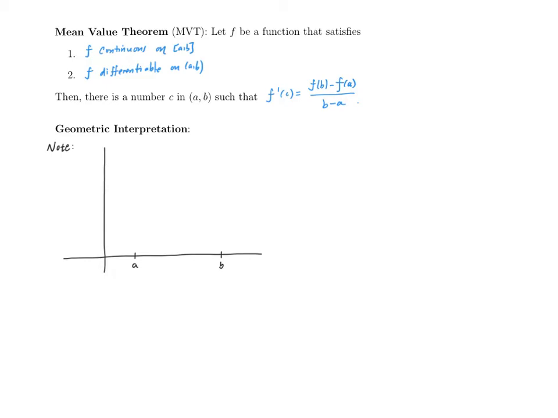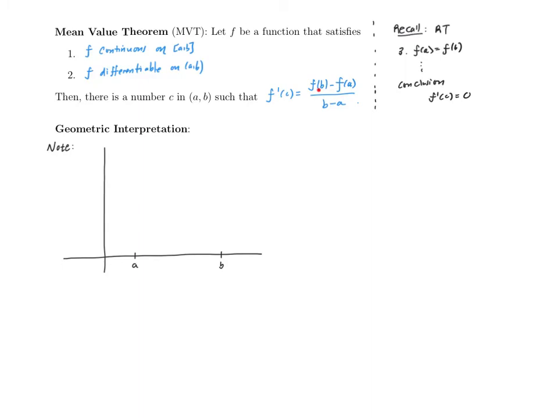Before diving into the geometric interpretation of the mean value theorem, let me make the connection back to Rolle's theorem. If we recall from our previous discussion, we had those same first two hypotheses, but there was also a third hypothesis that f of a is equal to f of b. And the conclusion of Rolle's theorem was that there is some value c between a and b where f prime of c is equal to 0.